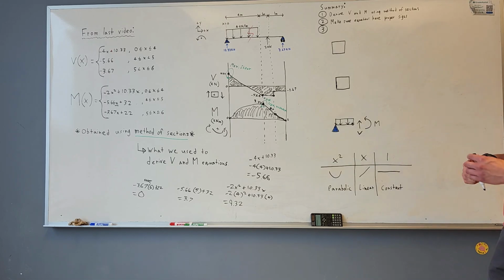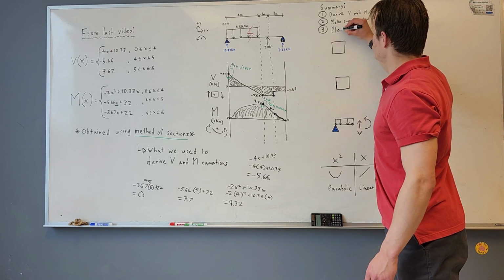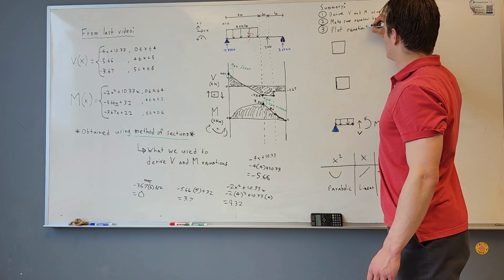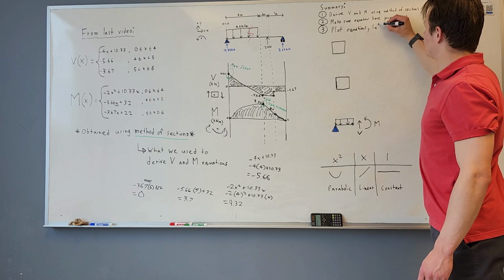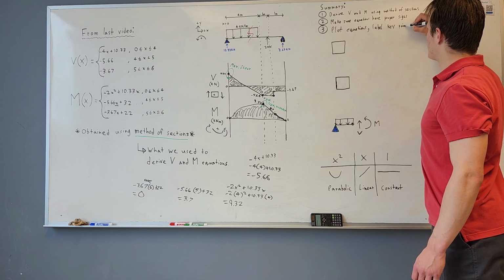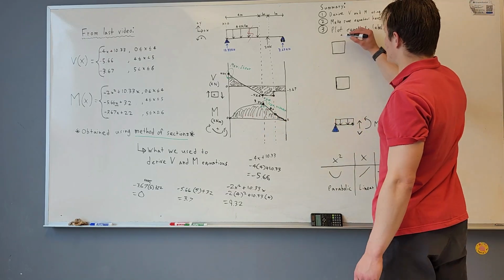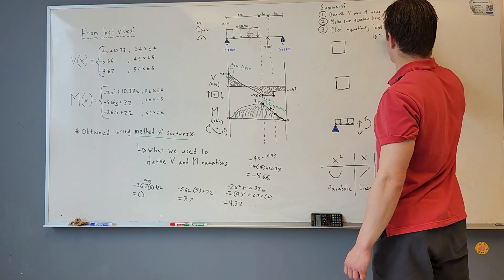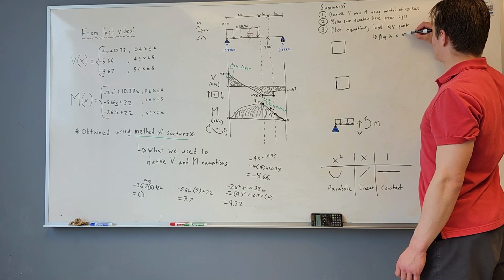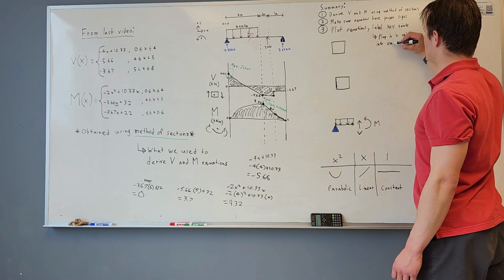But once you have those equations figured out, the last step is simply to plot the equations and then label key points. And remember, to find the values of those points, simply plug the x value into the equation.